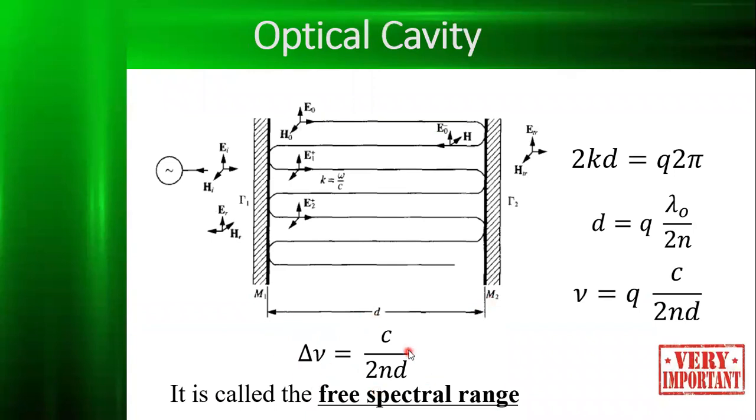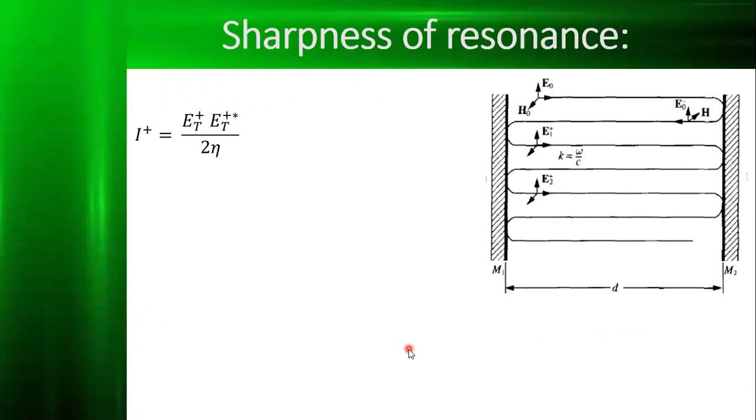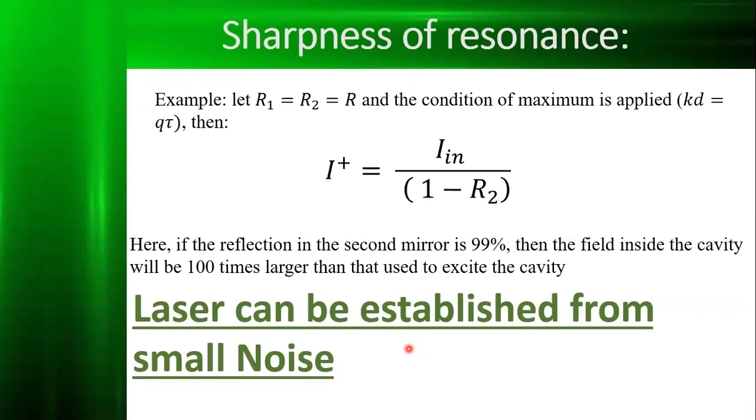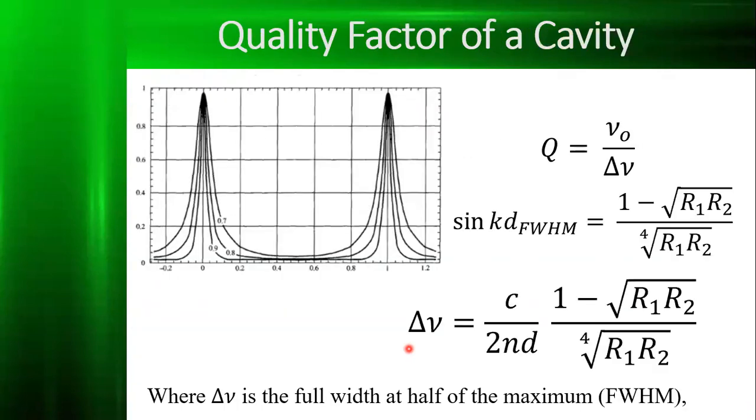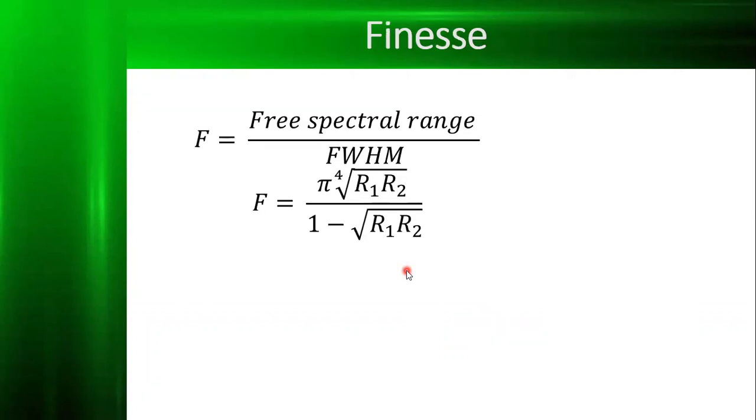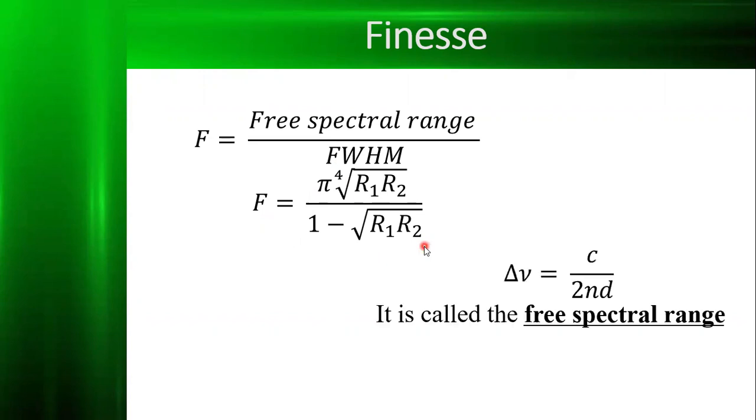So if you divide the free spectral range over the full width at half maximum, this will be cancelled and we'll have this on the denominator, so the reciprocal, which is this term. So this is simply the finesse equation. This is just to remind you with the free spectral range.